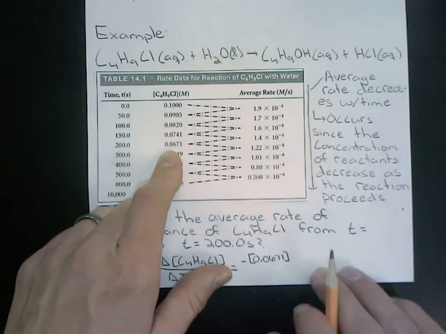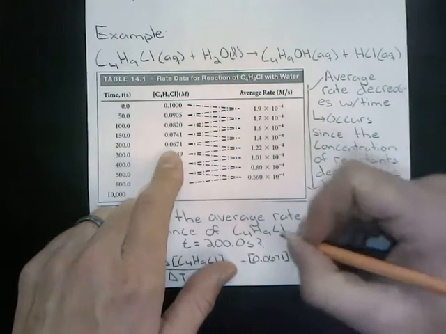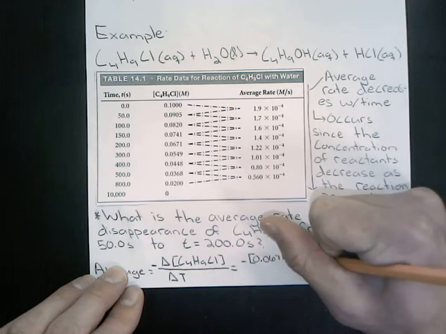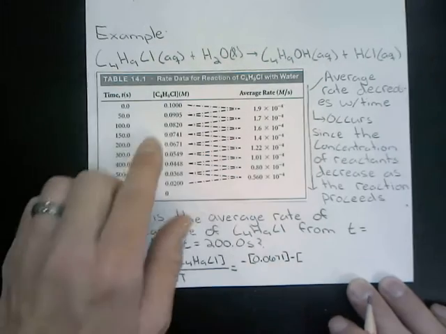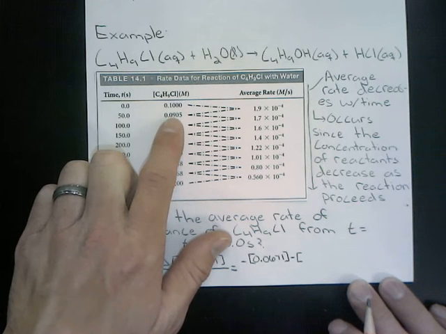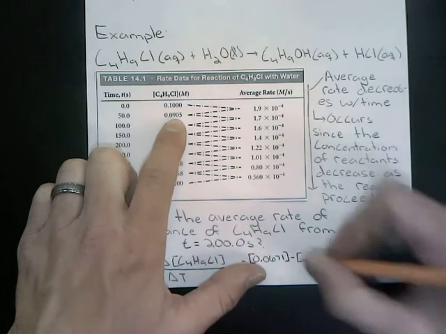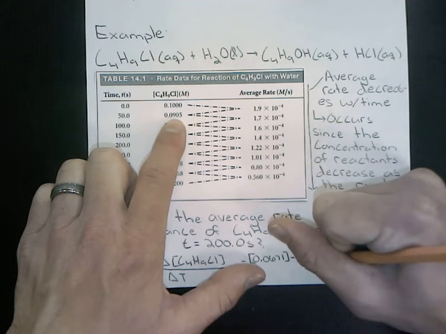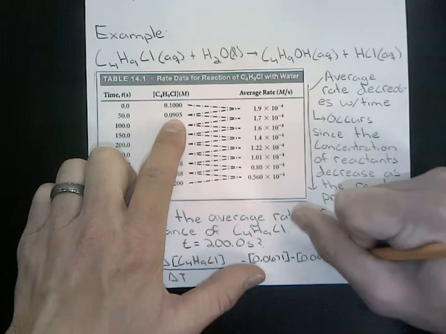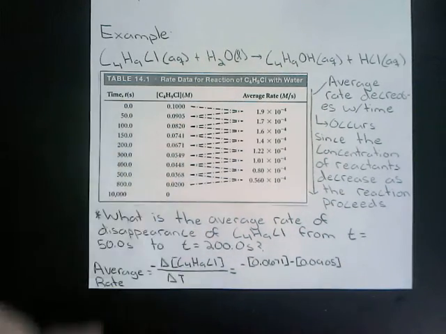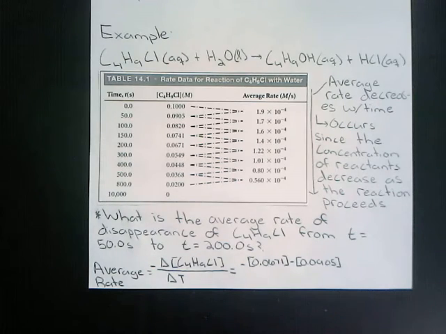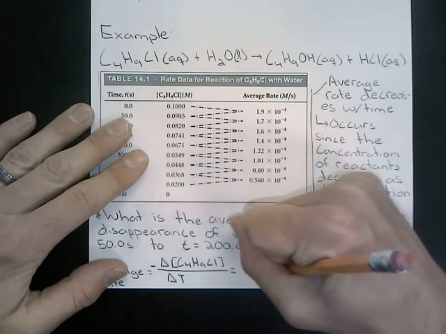Now we subtract our initial, at 50 seconds. I put this in brackets, and the concentration at 50 seconds is 0.0905 molar. But because we put it in brackets, we don't have to worry about that symbol.